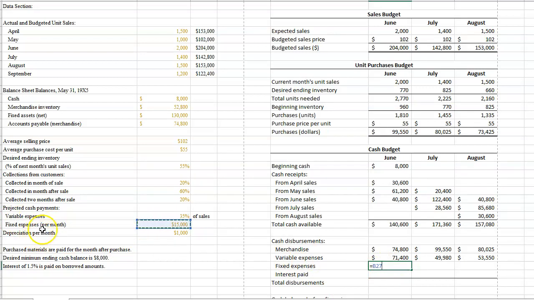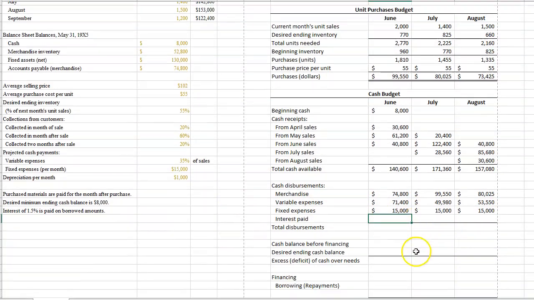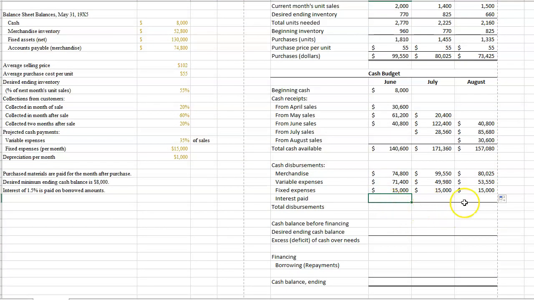The depreciation is already included in there. Drag it over. Oh, there we go. That's why absoluting is important. F4, now drag. There you go, 15,000 each year. Interest paid, we're gonna have to do this period by period. Currently, we don't have listed any debt, so it doesn't look like we've borrowed anything. So for this month, June, we have no interest.